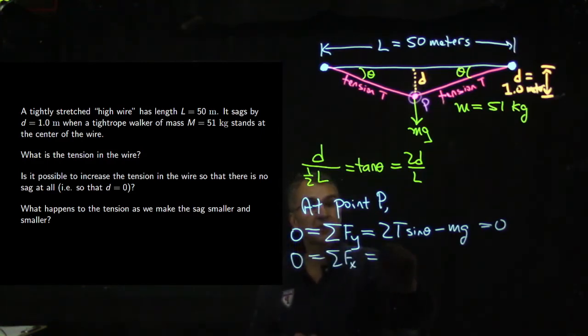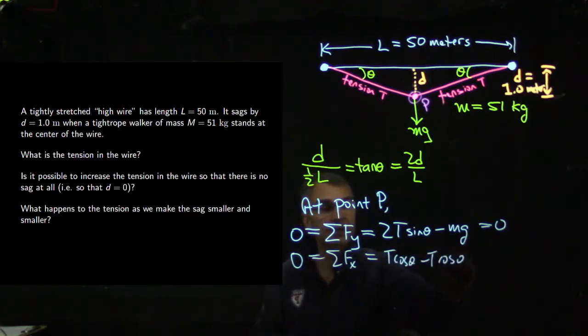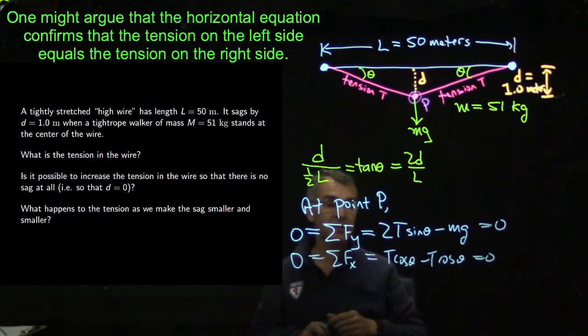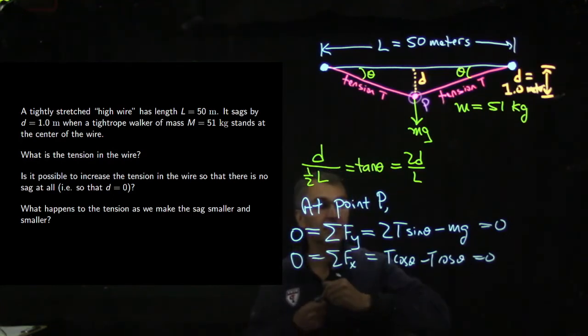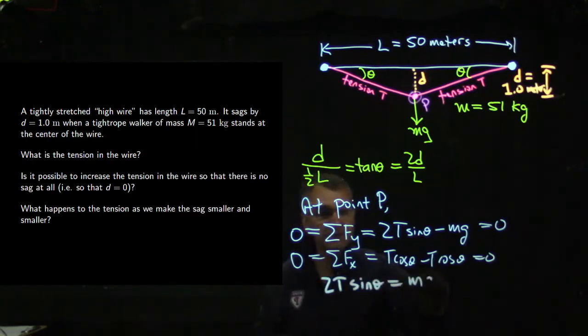But that would just be T cosine theta minus T cosine theta, which is 0 anyway. So that doesn't tell you anything. So there's really only one equation of interest. And it tells us that 2T sine theta equals mg. Therefore, T equals mg divided by 2 sine theta.